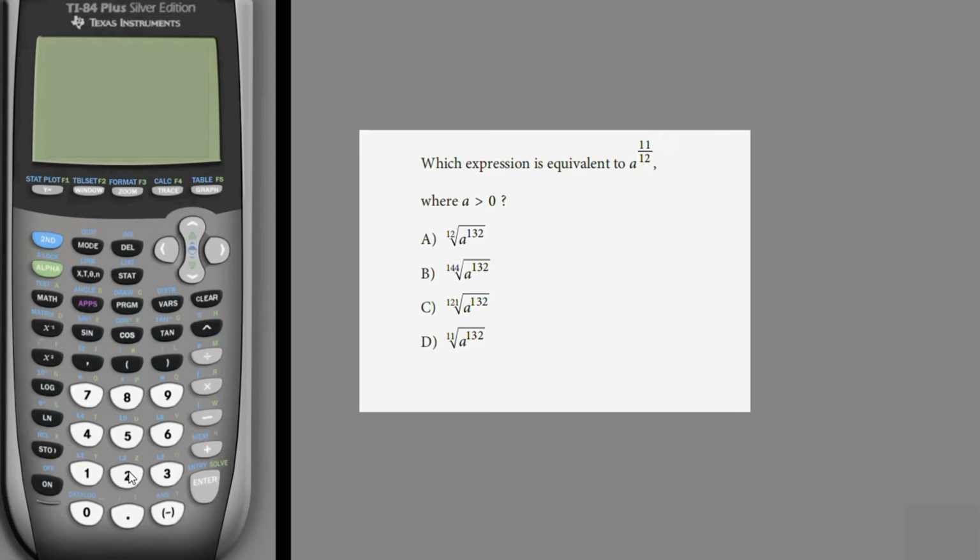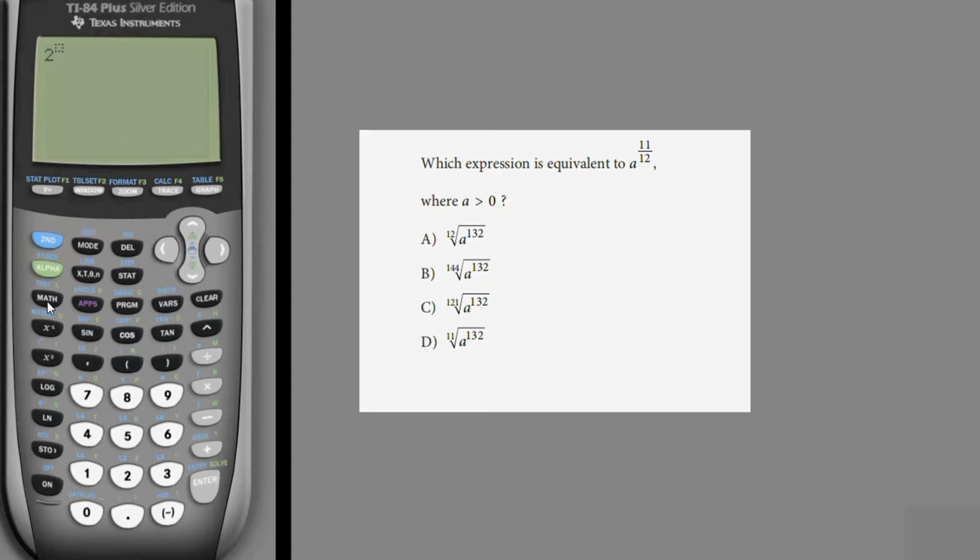So this will be 2 to the power, make use of this button for power. Now the power is a fraction. To bring out the fractional power, press this math. We already put the power symbol, so let's put the fraction.